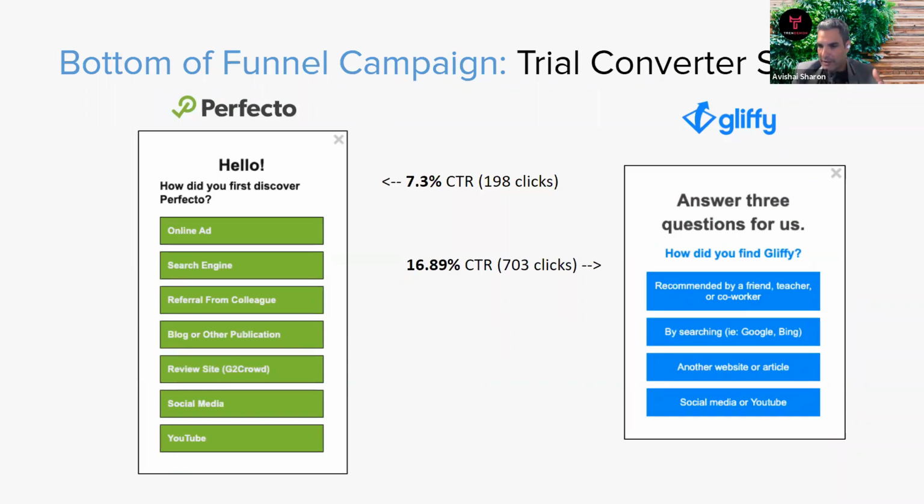You want to be able to provide a better experience, but the other party is not always willing to give you everything about who they are, and this is a great way of doing it. I think the CTRs are a great proof that people are really willing to engage with those units. It's something we're seeing in many companies, that double-digit CTR for surveys that help you then bucket your audience, even as they're landing. So it helps give you that better understanding of what they'd like to get.